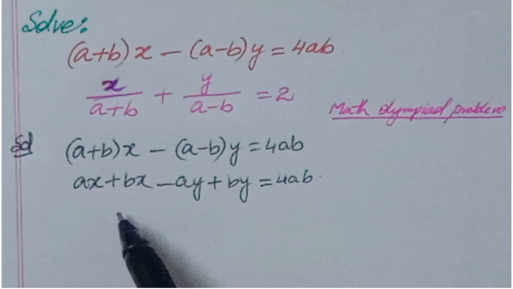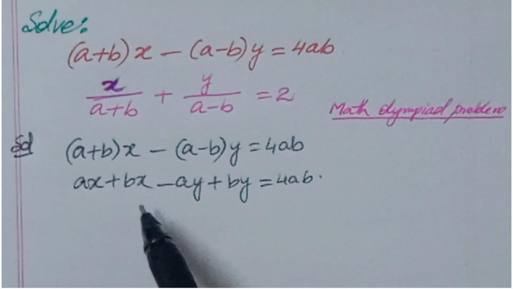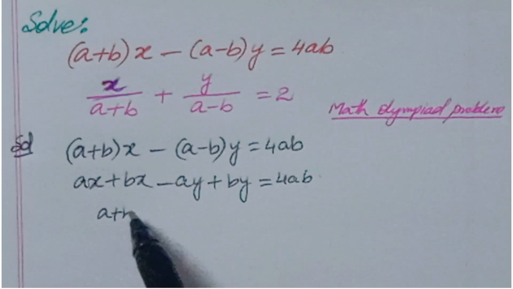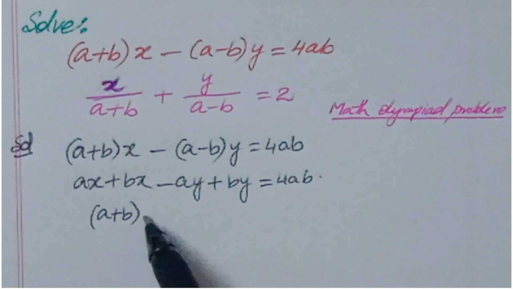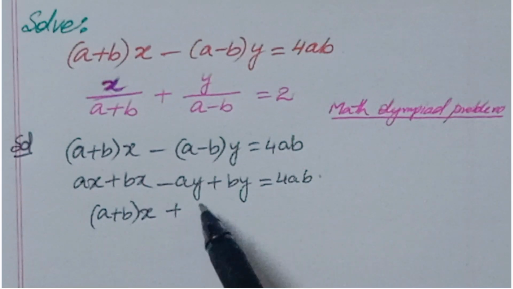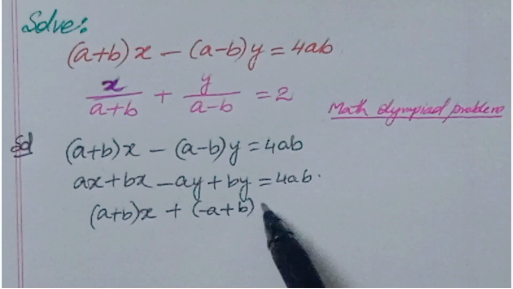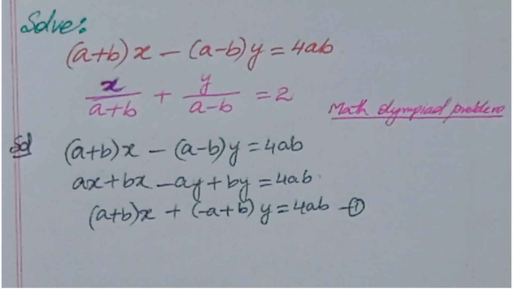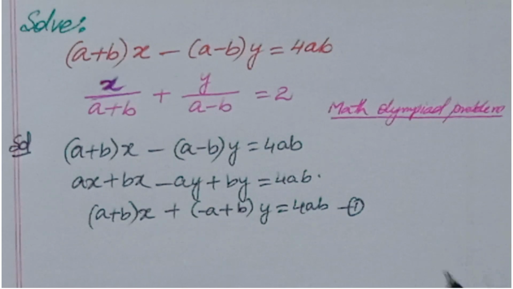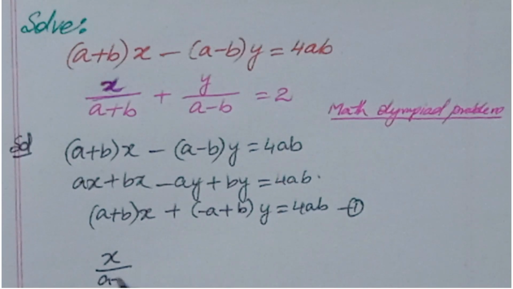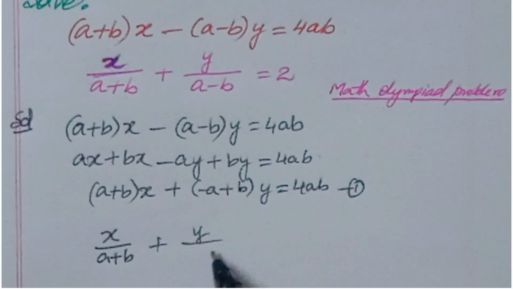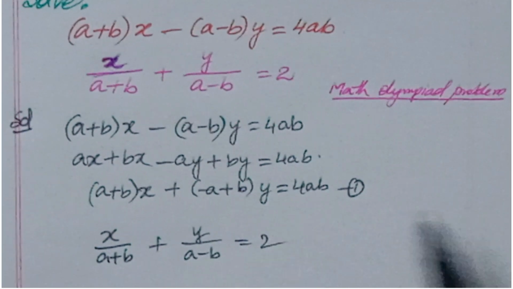Now you can take it as (a+b)x + (-a+b)y = 4ab. Let it be 1. Now take the second equation, x/(a+b) + y/(a-b) = 2.